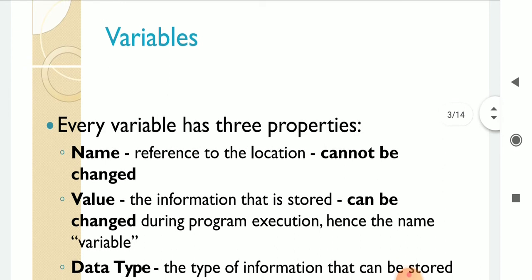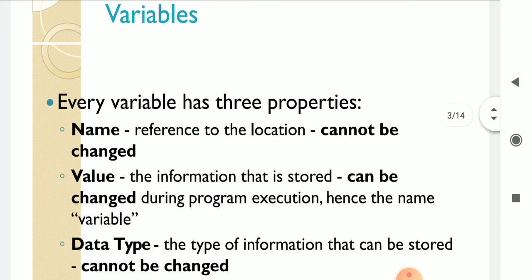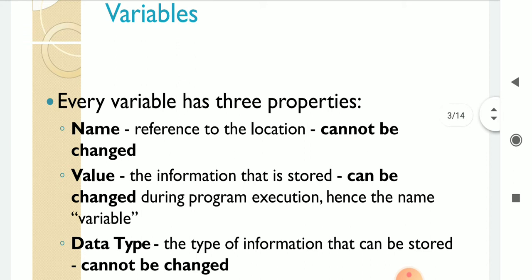When we are defining a variable in Visual Basic, we have to remember these three things. First, the name of the variable. The name of the variable is actually a reference to the location where you are creating it, and you must keep in mind while creating it that the name should reflect which type of value you are storing in the variable.